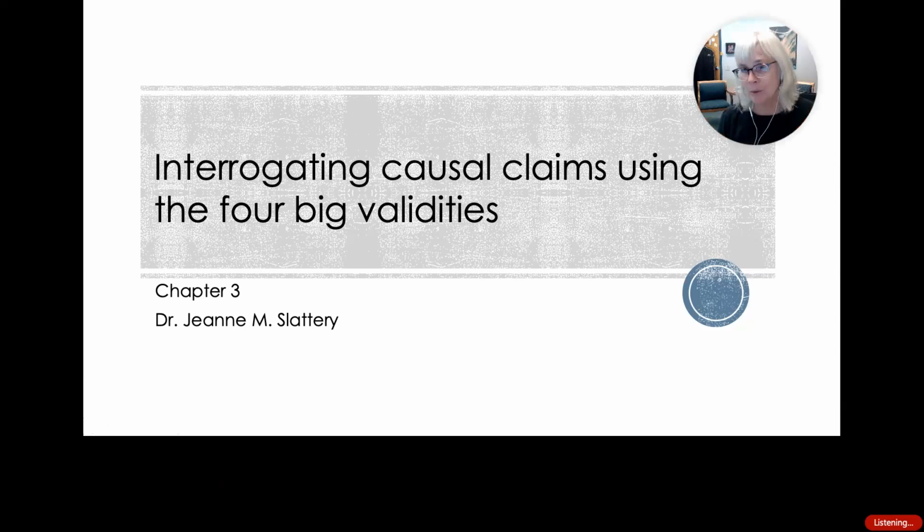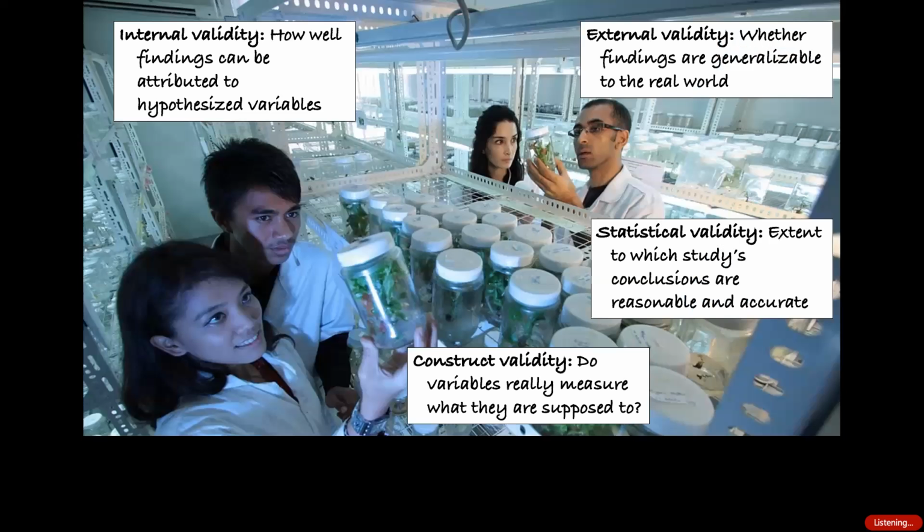Let's continue our discussion by looking at causal claims. In this case, we're going to use all four big validities. For causal claims, we're going to be thinking about external validity: is it generalizable?